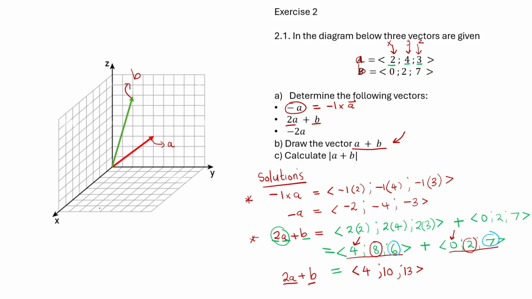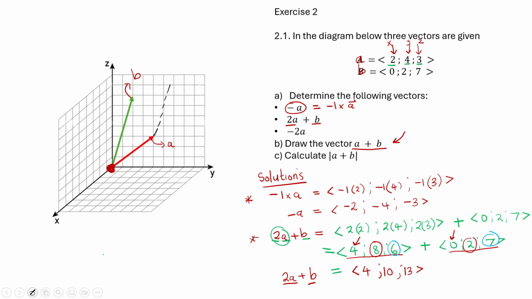Now if you want to do the resultant, these vectors are starting at the same point on this Cartesian plane. Since they're at the same point, you have to apply the parallelogram law. To apply it, you go to the end of this arrow and draw a vector parallel to this green vector.